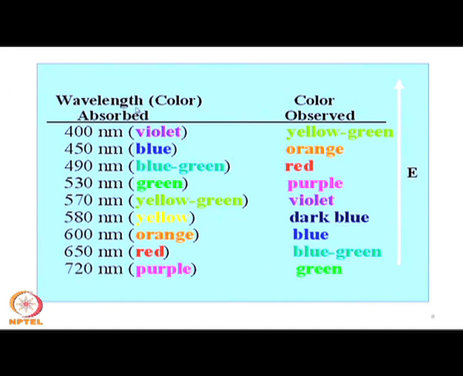So, if we make this entire list from the visible part, it has been divided into some parts with the corresponding hybrid coloration. So, violet, blue and indigo are there, then green, yellow, orange and red, and after that we have put the purple. So, these are the absorbed ranges from 400 to 720 nanometer.